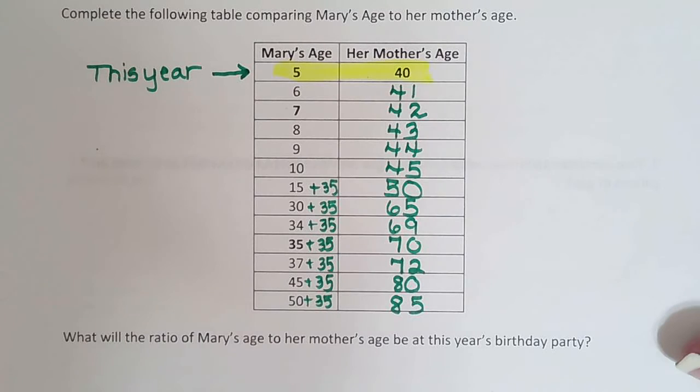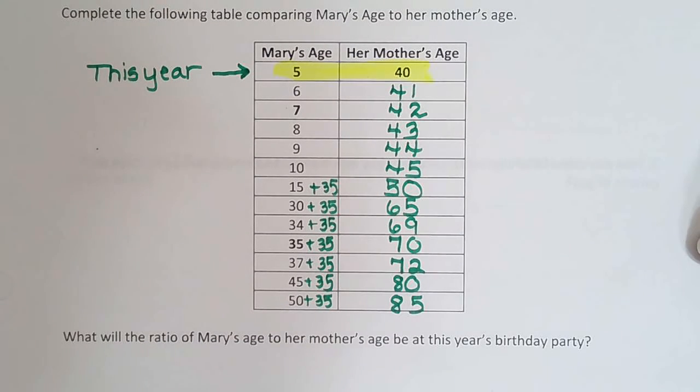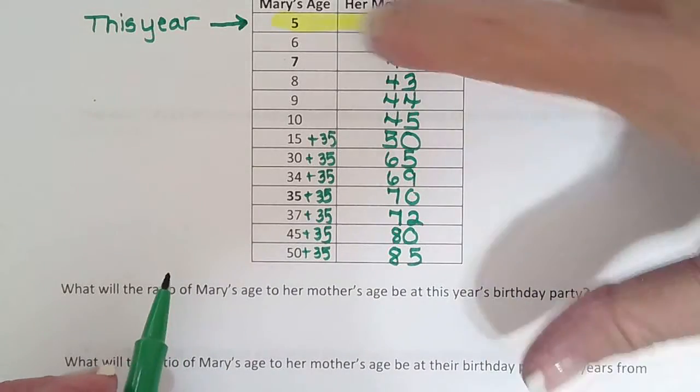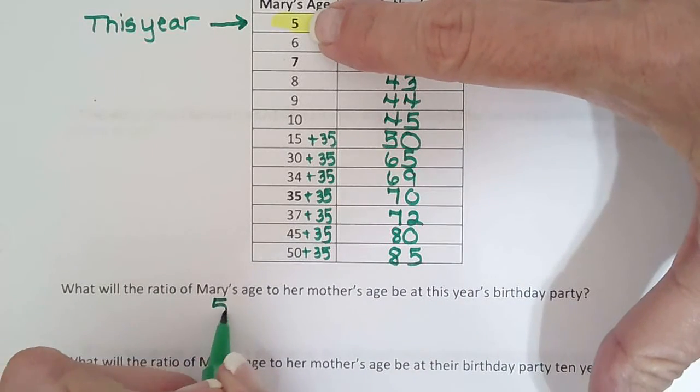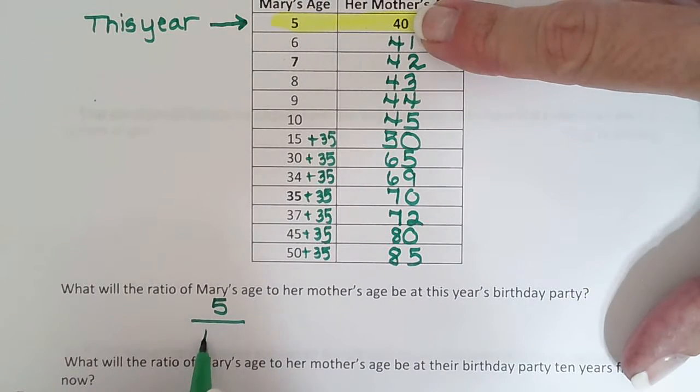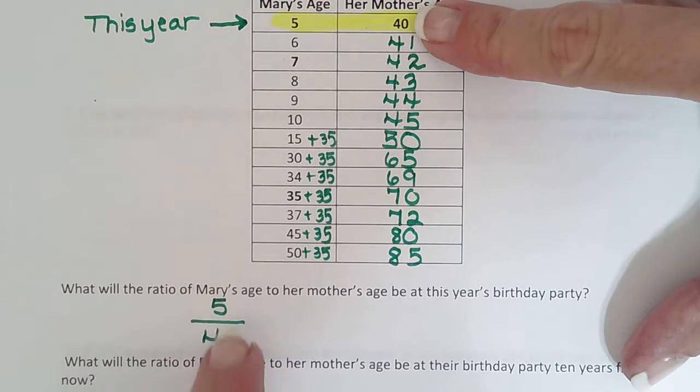It's called a comparison of two numbers, and we usually compare those numbers either using a fraction, the colon, or the word to, like I showed you on the last page. So Mary is 5 this year. Her mother is 40. So that is the ratio of Mary to her mother.